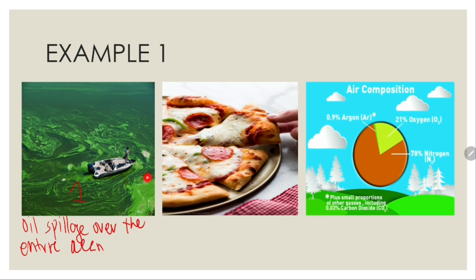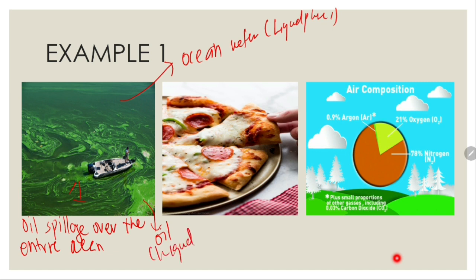You have to find out how many phases are present. The first one is ocean water, which is the first phase, a liquid phase. Secondly, oil. This oil spillage is also a liquid phase as well. So two liquid phases.